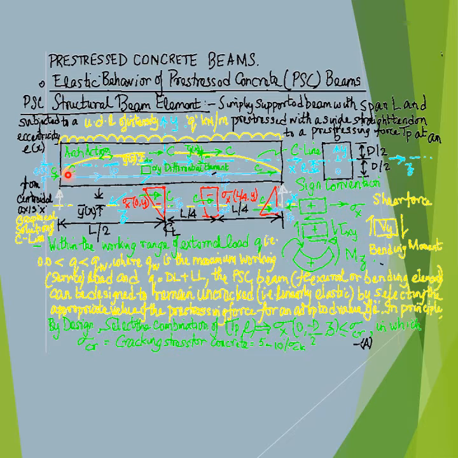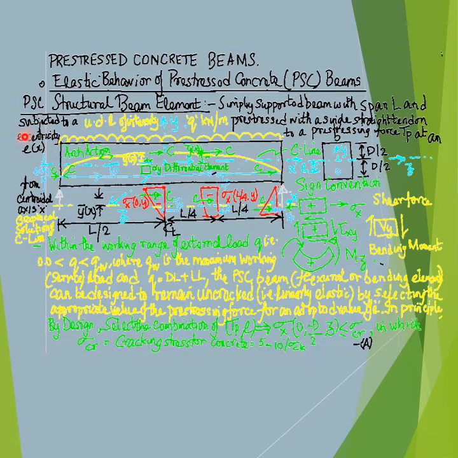However, in this present example, the simply supported beam with the span length denoted as capital L, subjected to a uniformly distributed load of intensity q in kilonewton per meter, is provided with a straight tendon.